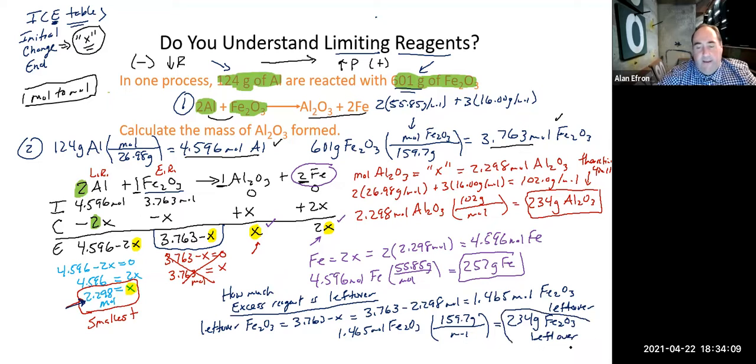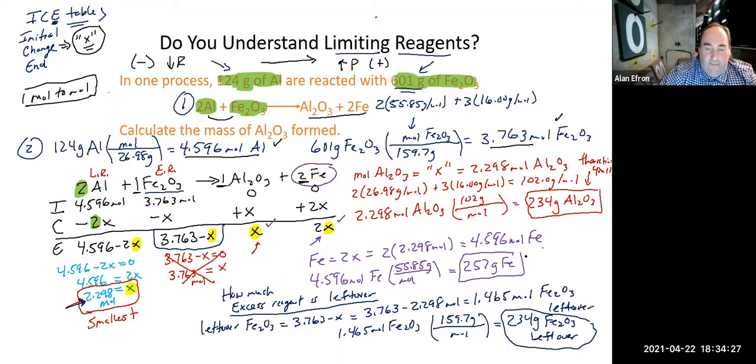And that's, again, a very common thing that's asked in limiting reagent problems, is how much of that excess reagent you would have left over. What do all these numbers mean? So a couple of things. The theoretical yield of aluminum oxide would be 234 grams.